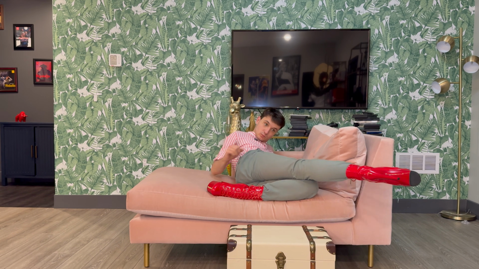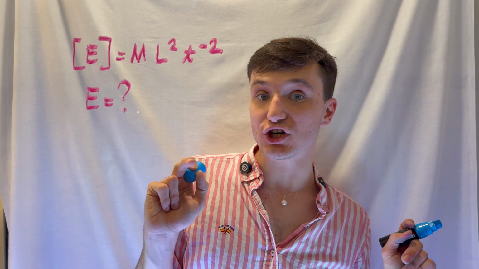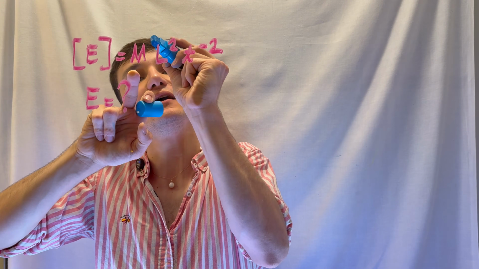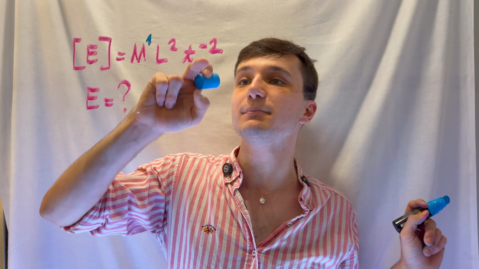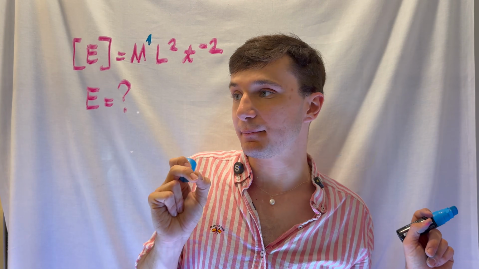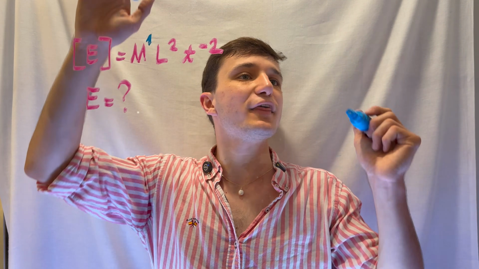Here is an example of why dimensions are so incredibly useful. Let's guess Einstein's formula for how mass transforms into energy by looking at dimensions. First of all, I'm going to give you the dimensions of energy. They are mass raised to the power of 1, length raised to the 2nd power, and time raised to the negative 2nd power. So, what's the formula for energy in terms of mass? Let's think about it.